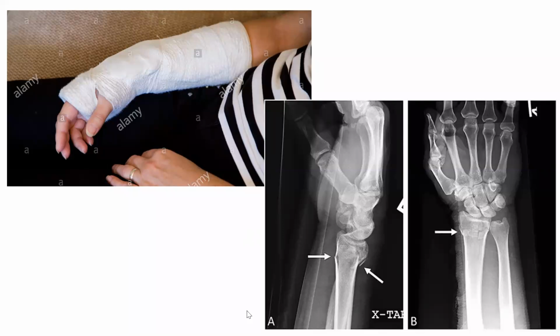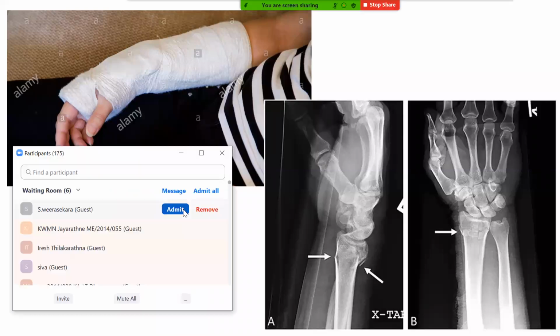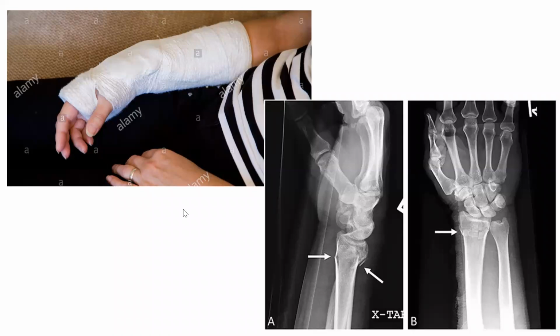How do you get this fracture? This most commonly occurs when a person falls on the outstretched hand with the forearm in a pronated position and the wrist dorsiflexed. That's how we protect ourselves when we fall. So when you put your hand out, the body weight falls on this area. Very good, the description is very good.